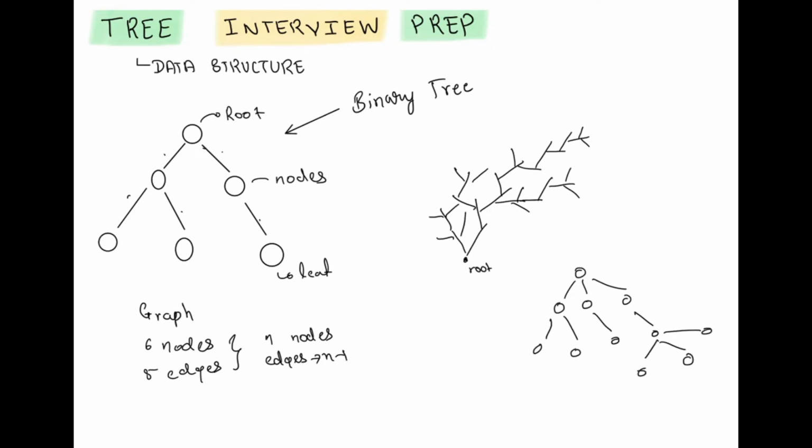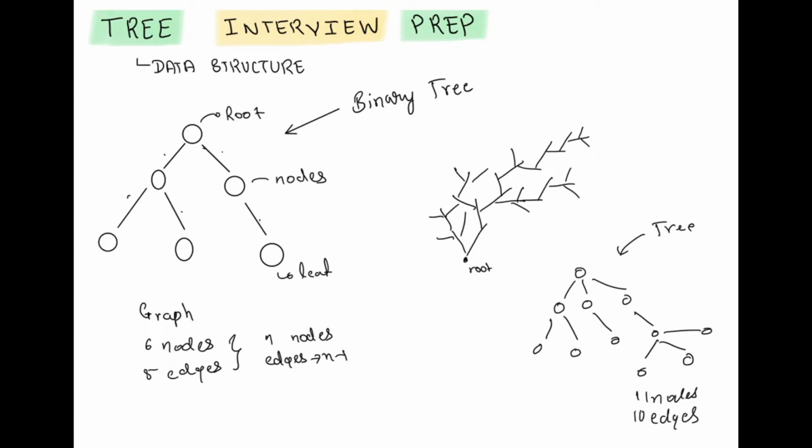This is also a perfectly well defined tree. It has 1, 2, 3, 4, 5, 6, 7, 8, 9, 10, 11 nodes, and 1, 2, 3, 4, 5, 6, 7, 8, 9, 10 edges. So it satisfies the tree condition, and therefore it is a tree, it is a graph, and all trees are graphs. But it is not a binary tree.